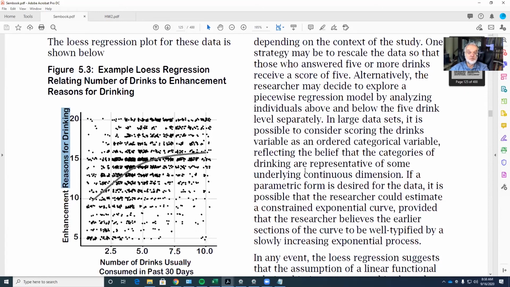Another thing people sometimes do, especially in substance use, is they'll say this shape is evidence that I need to be running 2 regressions. One regression for people who are below 5 and another regression that's going to look pretty flat in this case for people above 5. So it can be done.